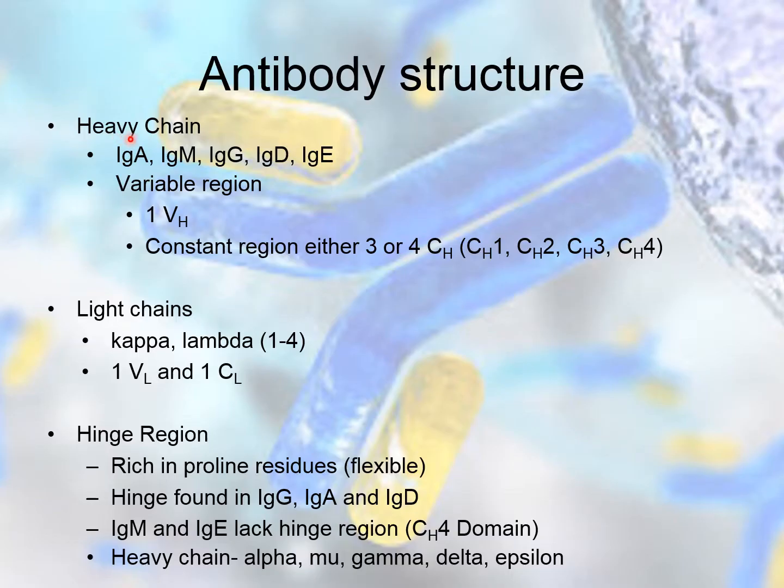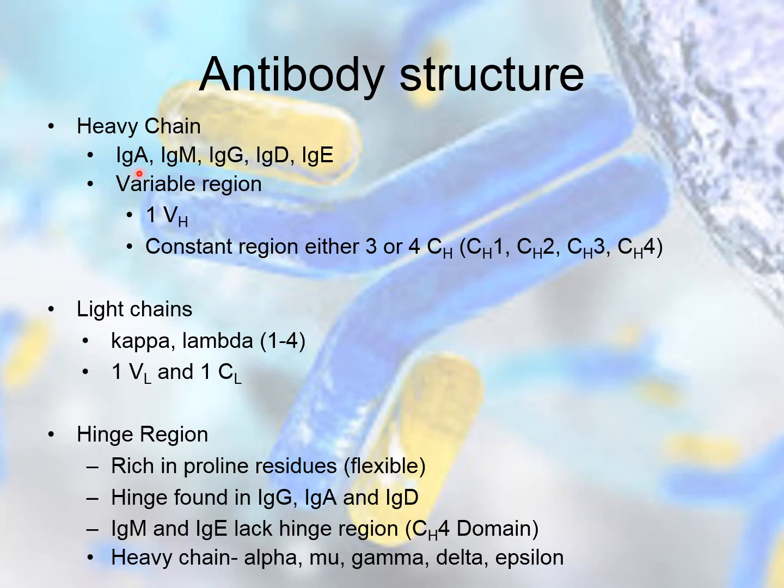There are five different types of heavy chains, that is alpha, mu, gamma, delta and epsilon. Depending upon the type of heavy chain an antibody has, it is classified into five different groups.